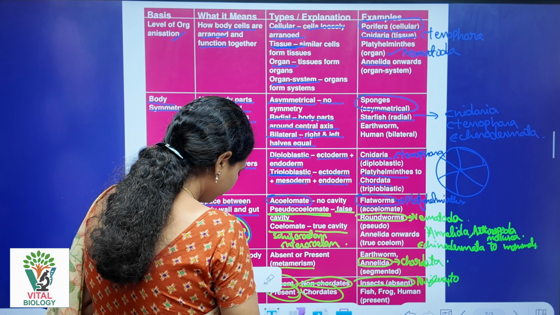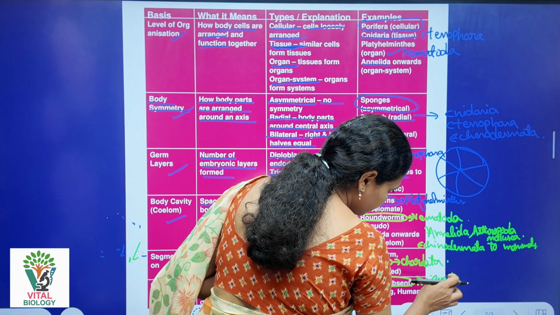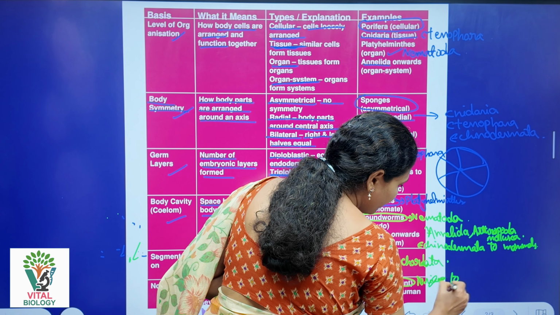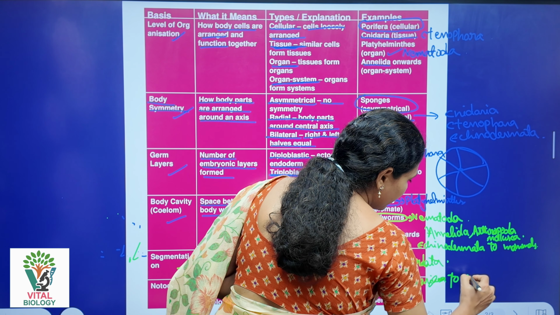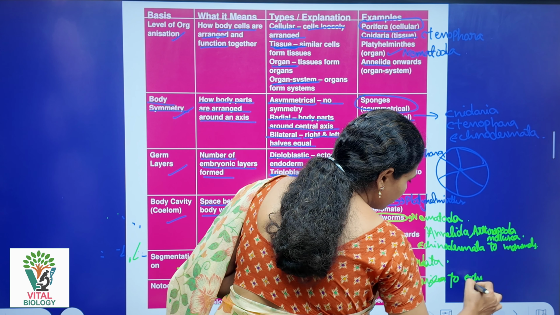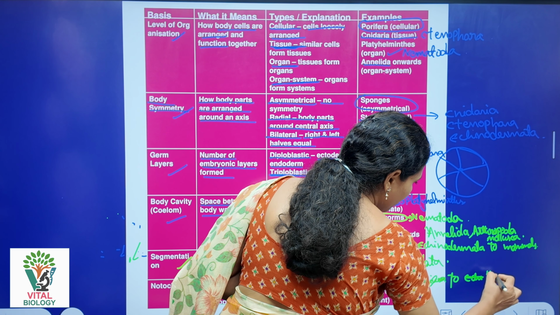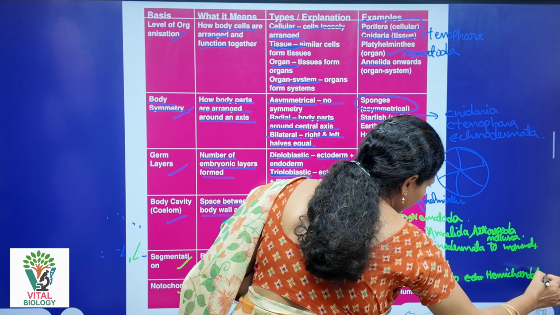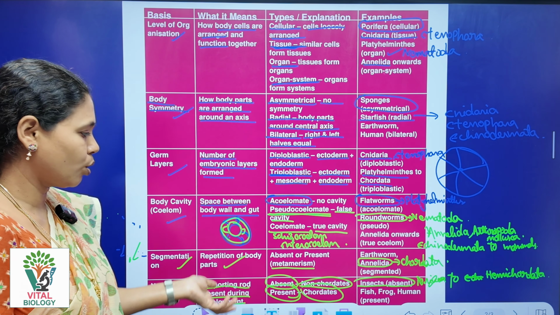Further examples: non-chordates means Porifera up to Echinodermata, and even Hemichordata. Porifera to Hemichordata, all those are non-chordates.